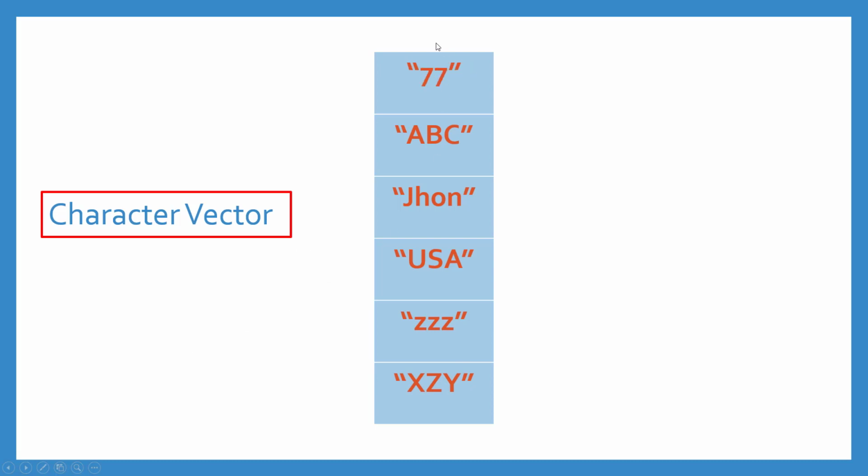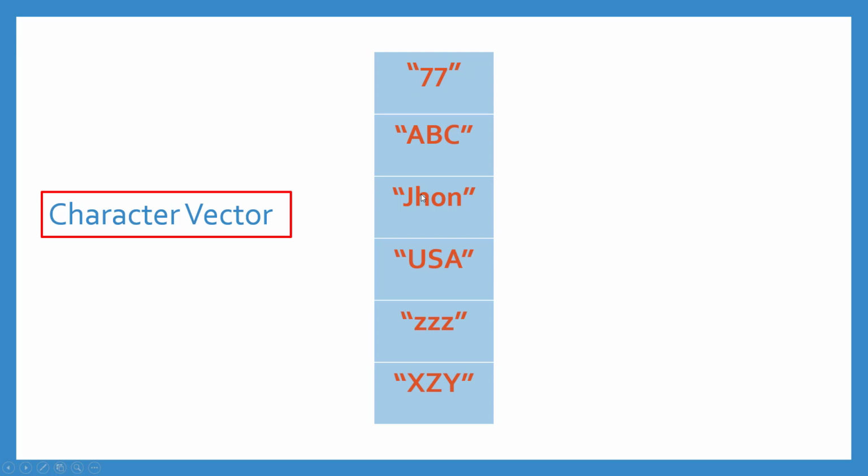But let's say we put in 77 over here, which is a number. If this vector is a character vector, then this would be represented as a character. So this 77 having these quotation marks is considered by R as a character rather than a number, so we cannot perform certain arithmetic operations on it.